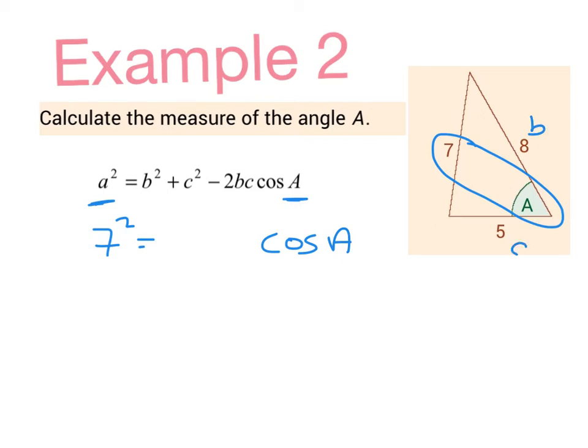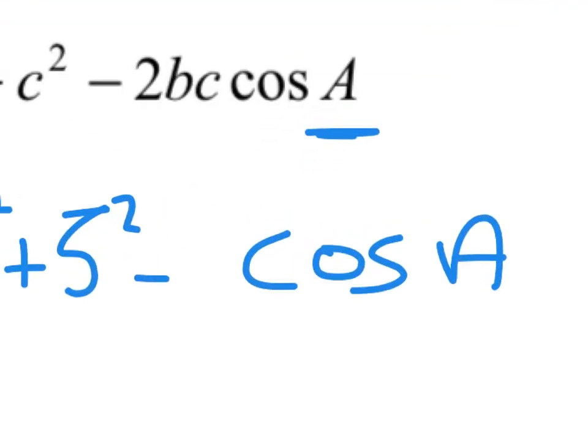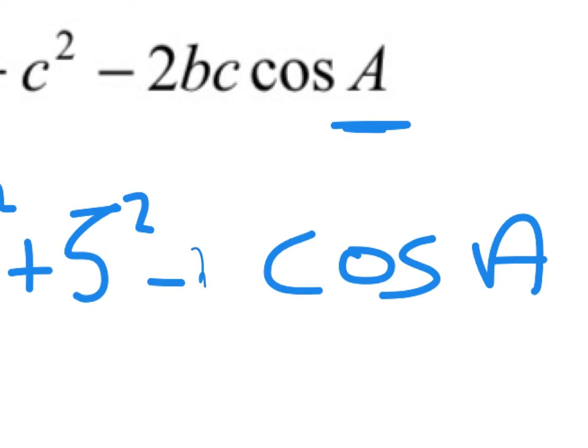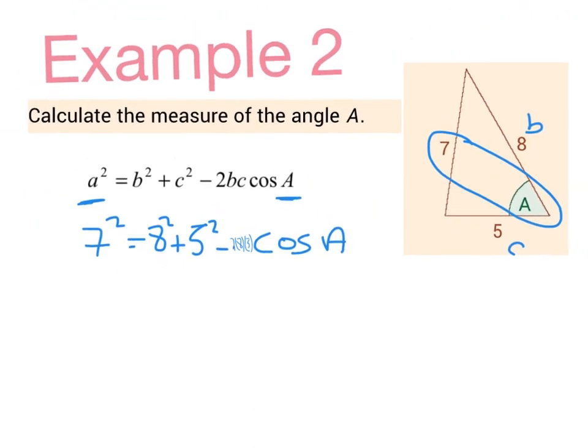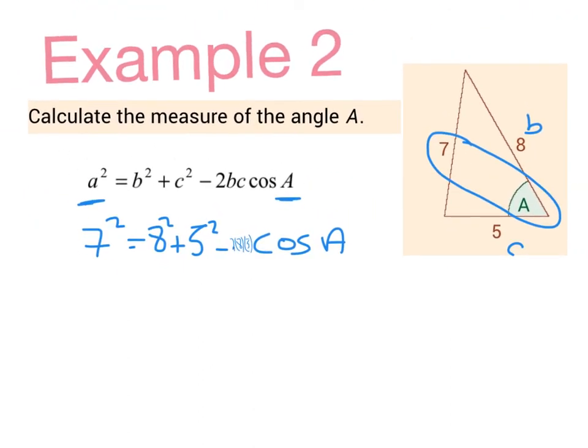So it's going to be 8 squared plus 5 squared minus 2bc, which is 2 times 8 times 5. Okay, so obviously what we want is to find A, so we want A on one side, everything else on the other. So there's a good bit of working out that we can do here.